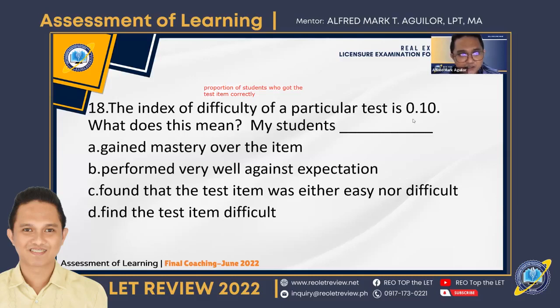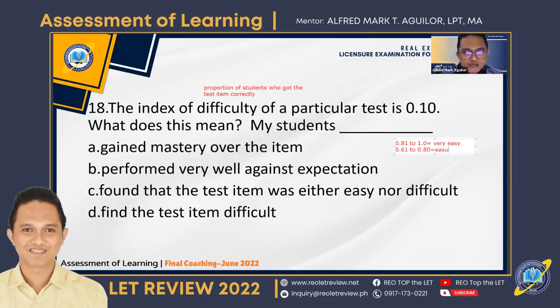So, let me just write that. So, we have 0.81 to 1, perfect. The test item is very easy. 0.61 to 0.80.